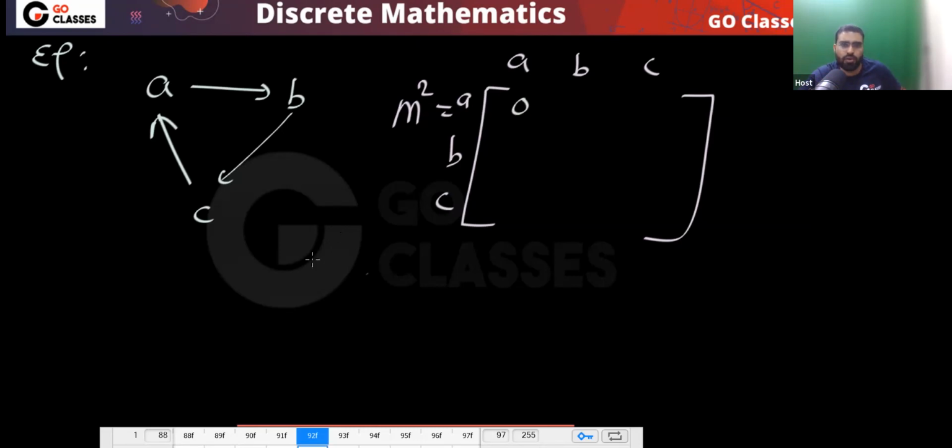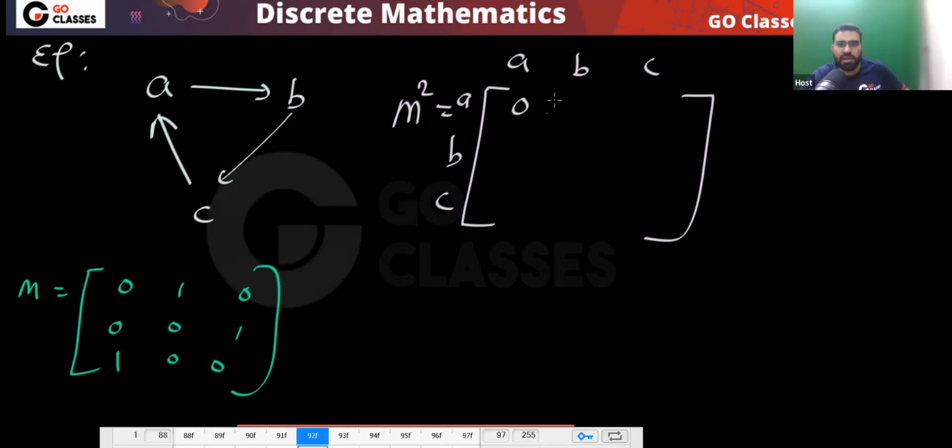If you create this M, it will be like 0, 1, 0, and then from B to C, and from C to A. If you do this M square, then definitely you will get 0, because from A to A there is no walk of length 2.